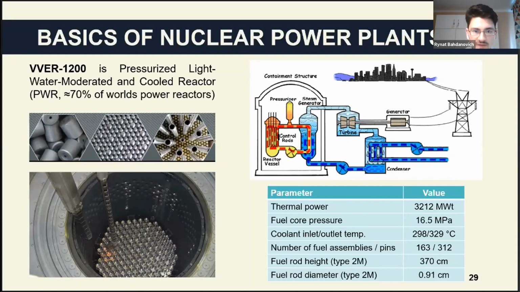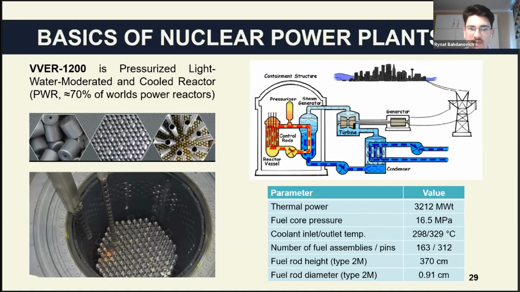The big amount of energy is released here, which is cooled by coolant, which is light water. Then this light water heats the second loop of the reactor, where steam is produced. This steam spins the turbine and gives energy to the grid.